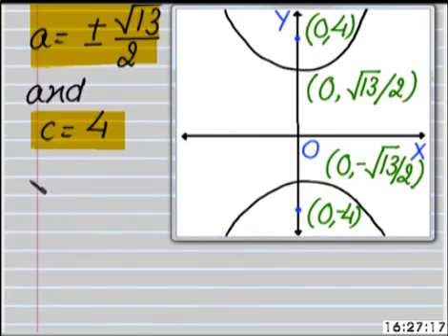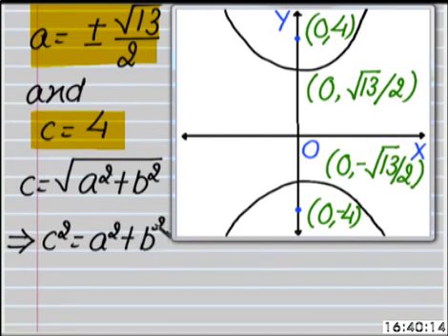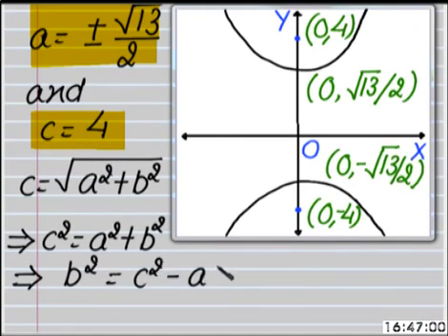As c is equal to square root of a square plus b square, this implies that c square is equal to a square plus b square, which implies that b square is equal to c square minus a square.